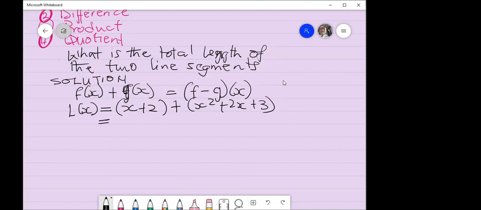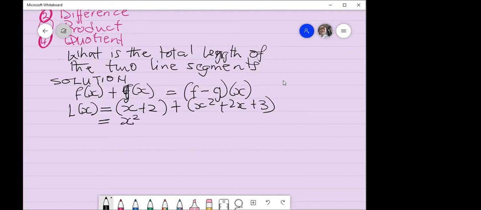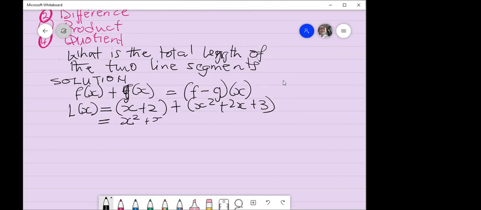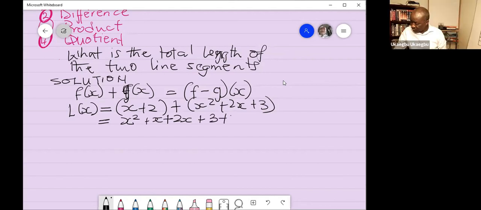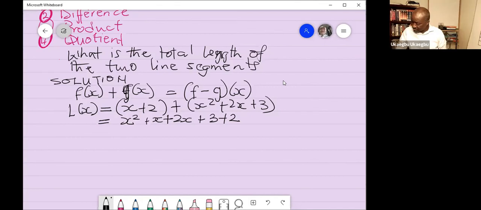X squared, plus 3x, which is x plus 2x, plus 3 plus 2, or 3 plus 5... plus 2. Okay, so this is collecting like terms. Make sure you collect the like terms correctly. So you are going to have x squared plus 3x plus 5. This will be the length of the line segment.